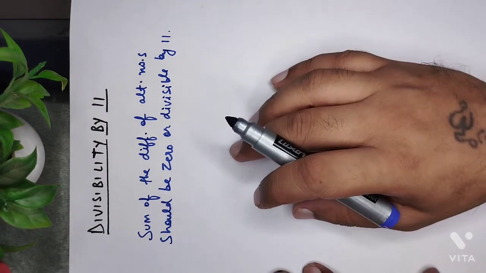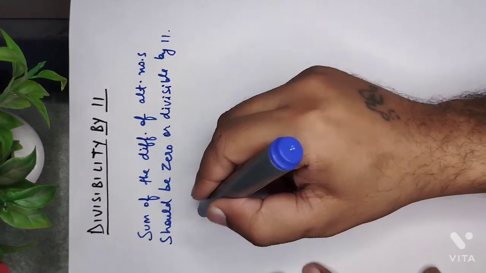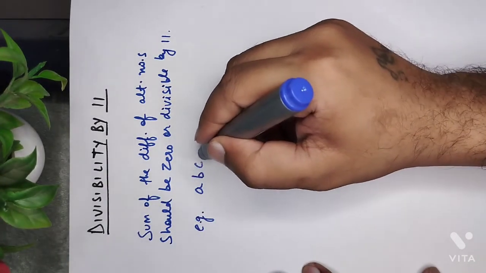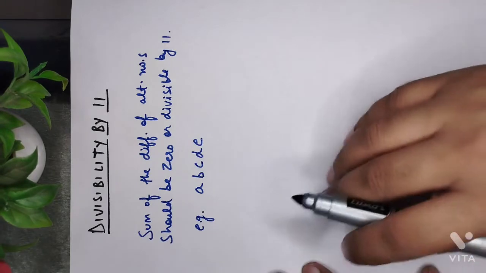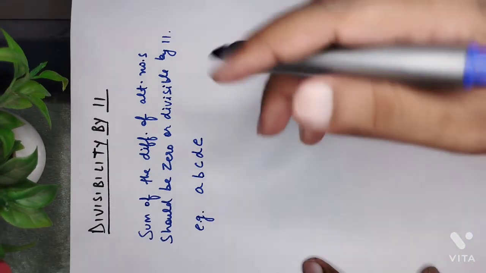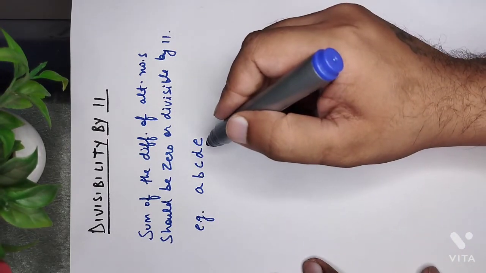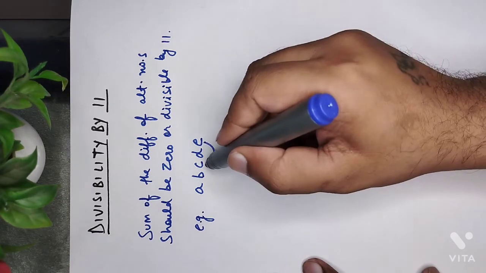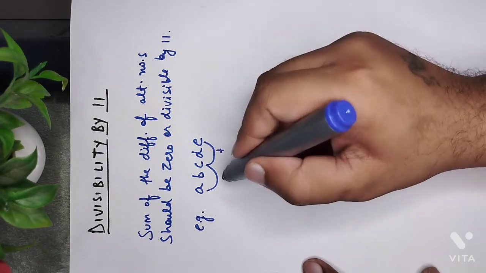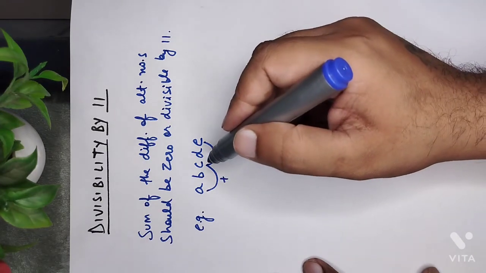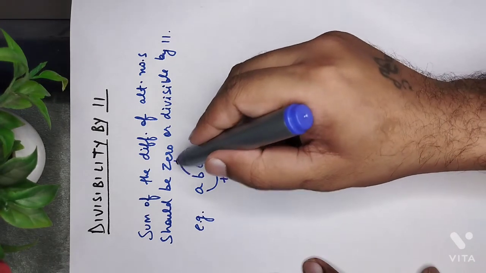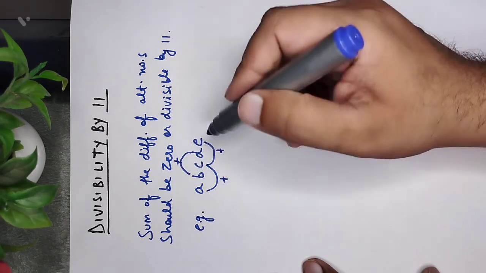Now what is the meaning of this? This means, let us say I am writing a number. A number is, let us say this is the number. Now we have to add the alternate numbers. That is, if I am starting with this one, I simply have to add the alternate numbers, and after adding the alternate numbers we have to add the remaining numbers. The remaining numbers are b and d, and then I have to see their difference.